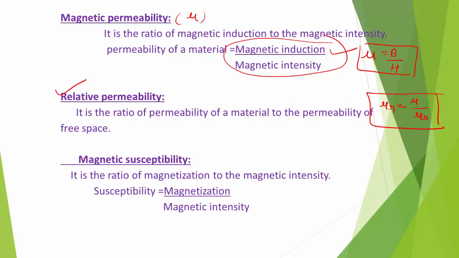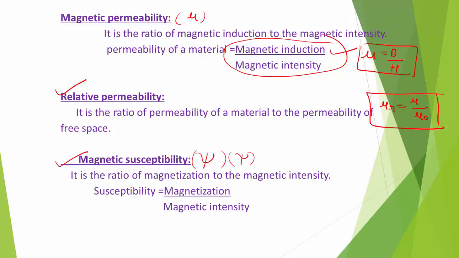And then magnetic susceptibility. Magnetic susceptibility is another concept. Sorry, this is magnetic permeability, and this is magnetic susceptibility. It is mathematically denoted by the symbol psi. This symbol is read as psi.